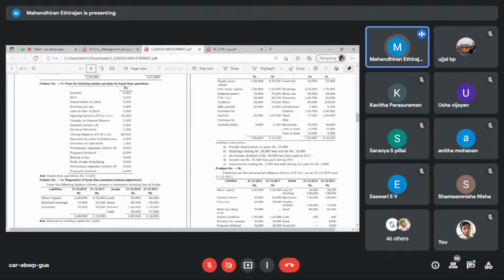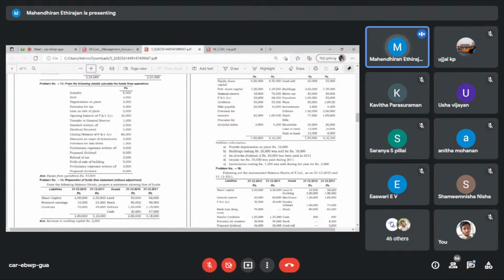In the statement model also, take the difference between closing and opening, add inadmissible expenses and less inadmissible incomes. So the statement model we can follow, or either the adjusted P&L account.